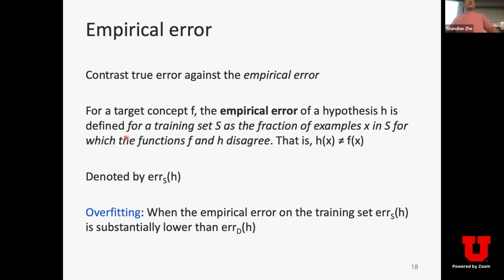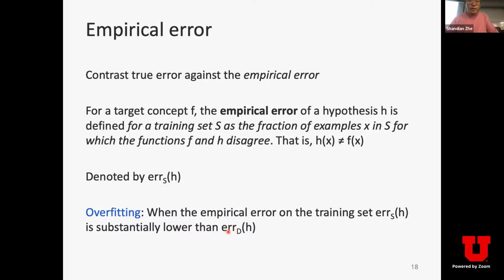Then you just look at the error. That is called empirical error. Obviously, empirical error depends on the training set S, so we denote it by error_S(H). The generalization error depends on the data distribution D, so we denote it as error_D(H).